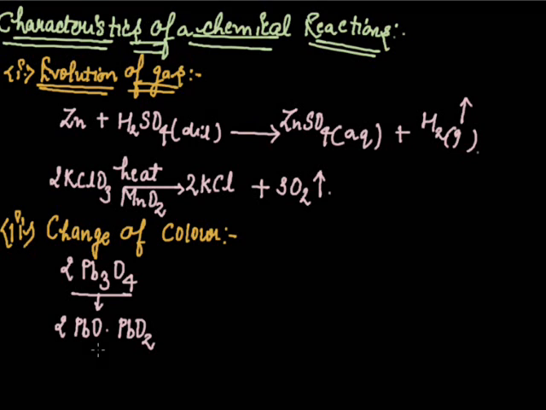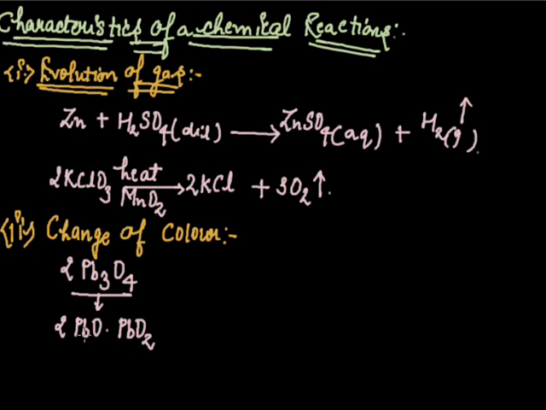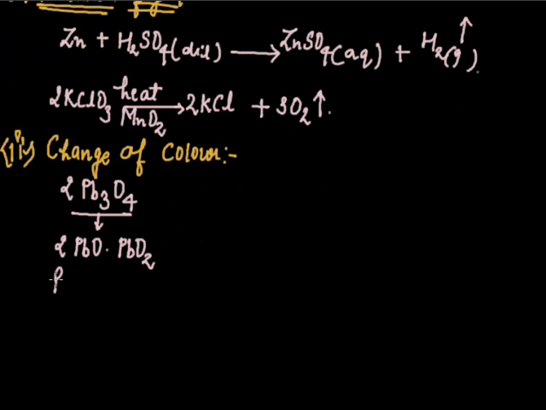If we combine these, we observe 3 atoms of lead and 4 atoms of oxygen. Altogether, it forms Pb3O4, which is red lead oxide, red in color.